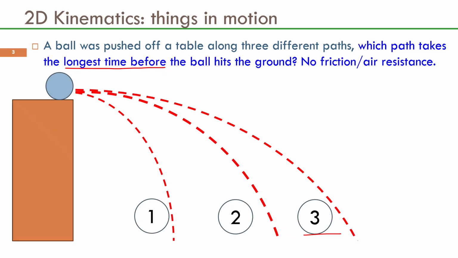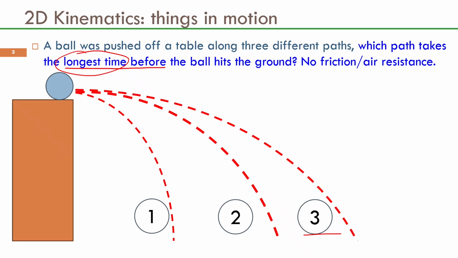That's what they think. But the reality is, although ball 3 has the longest range, we do not know their initial horizontal velocity. If we don't know their horizontal velocity, we cannot use the information from the horizontal direction to find out the time. So instead, for this question, we need to look at the vertical motion.